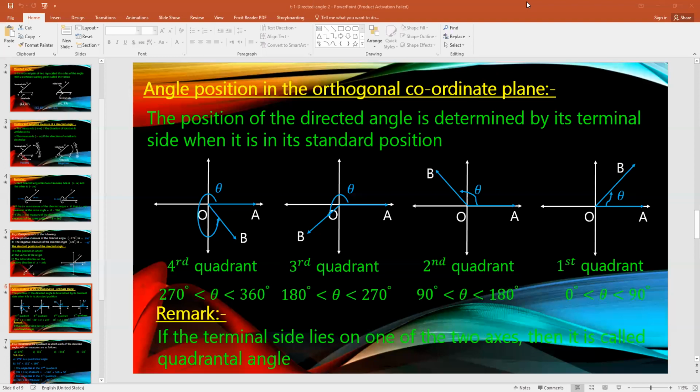And also, negative 645 is equivalent to 75. Why? Because I will subtract 75 minus 360 times 2, and it will be negative 645. Here, 285 is not equivalent to 75, neither by adding nor by subtracting. And 435 is also equivalent to 75, by adding 360.